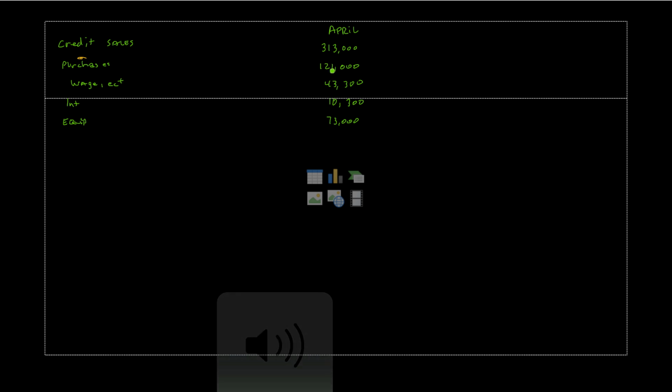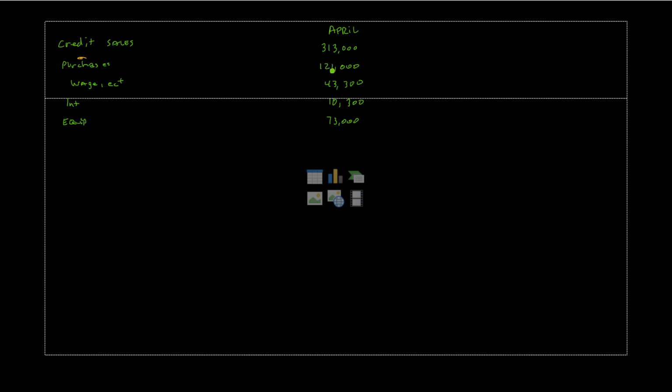What we need to do: they tell us that the company predicts that 5% of the credit sales will never be collected. 45% of its sales will be collected in the month of the sale. The remaining 50% will be collected in the month following the sale.